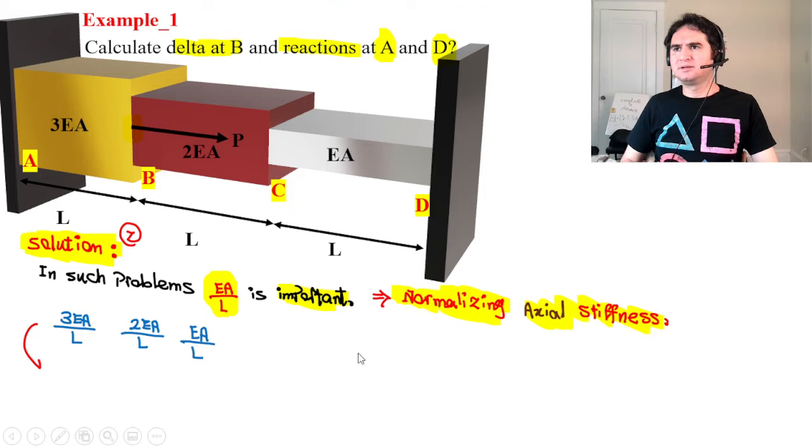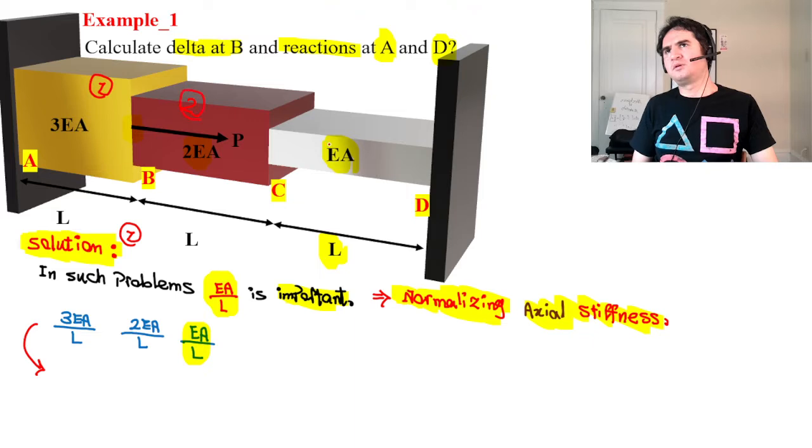If we have the axial stiffness for the very first one, EA over L, and the second part, let's call these pieces 1, 2, 3. Let's take the EA over L of the third one, the smallest one, as a base.